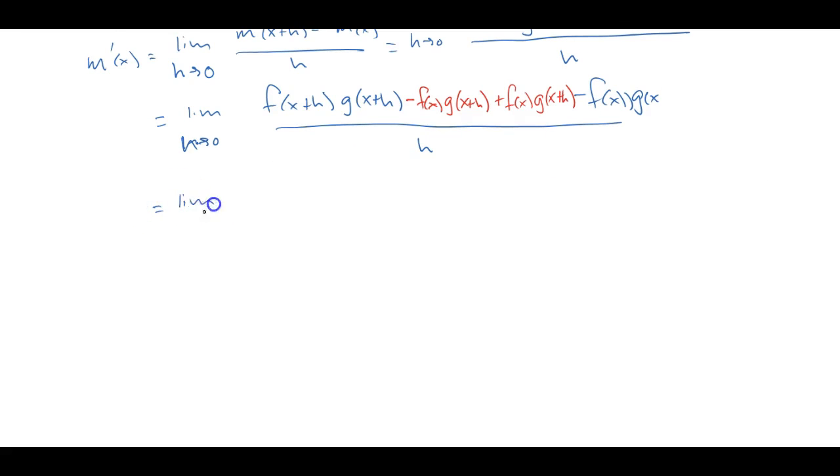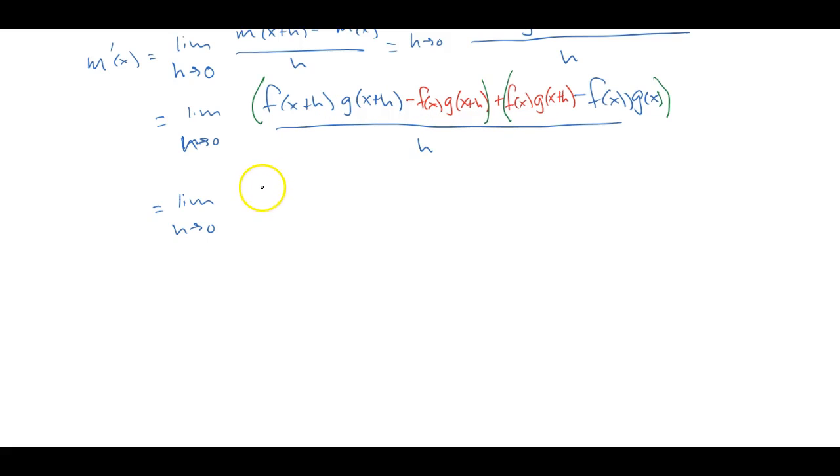Now with that little manipulation, we can do some rearranging. Actually, let me take that back. Let's take a look at this here, and because all my terms are looking good, let's factor, because in those two quantities in that first group, both of those terms have that g of x plus h.